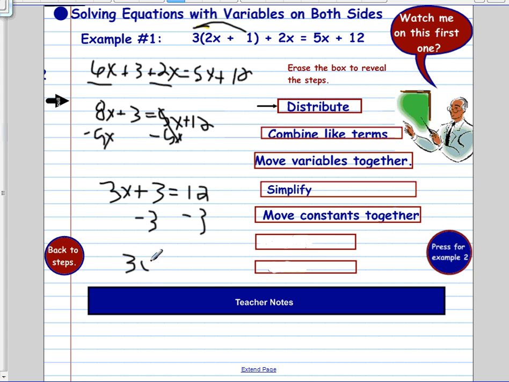And so I'm going to be left with 3x equals 12 minus 3, which is 9. Simplified that. And then last but not least, I'm going to want to solve. Now in this case, solving is going to include dividing. So I'm going to divide both sides by 3. And 9 divided by 3 is 3.